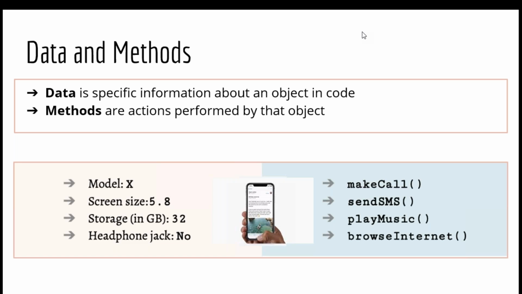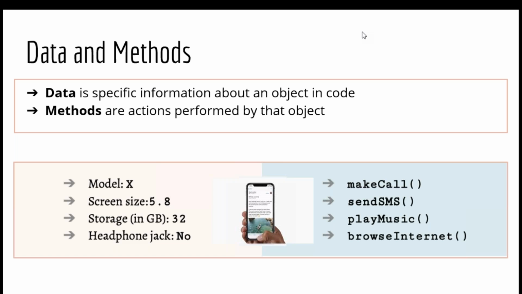So let's take the object as an iPhone. We can describe it with many things. We can describe it with a model; the model could be X. Screen size could be 5.8. The storage in gigabytes could be 32. And headphone jack, no. These are characteristics of the iPhone: model, screen size, storage, headphone jack. For each characteristic, there's specific information regarding the object.